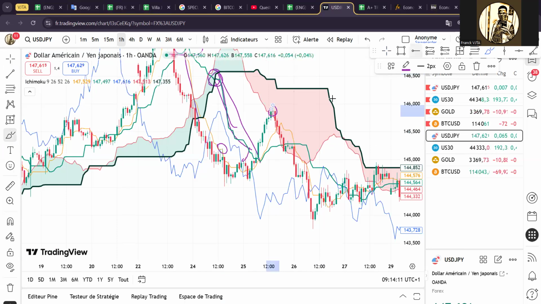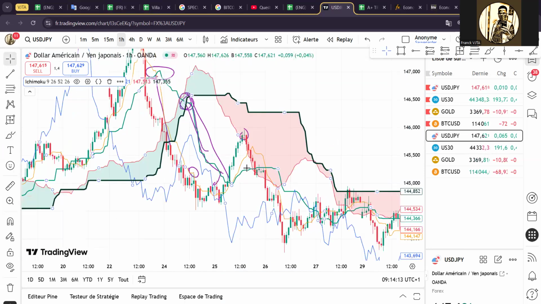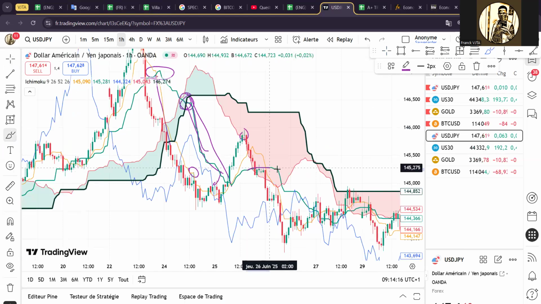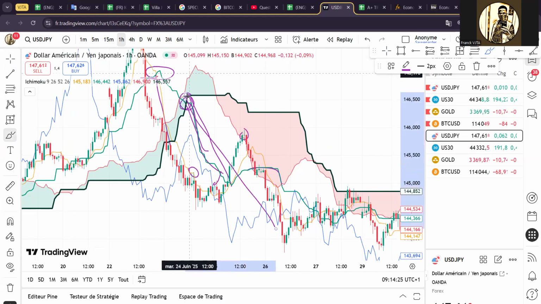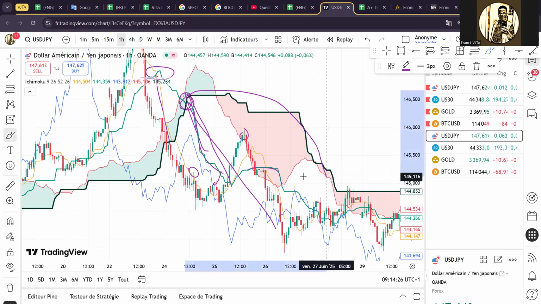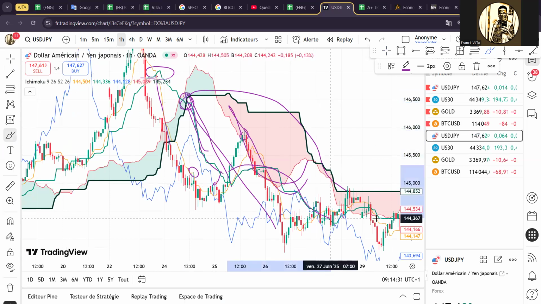When I say KSB cross, it's not that because Kijun has entered inside the cloud like this, I can't sell the KSB cross. The KSB cross is between Kijun and SSB. I don't see SSA in this cross. Even this is still a KSB cross to the downside. It's still valid.